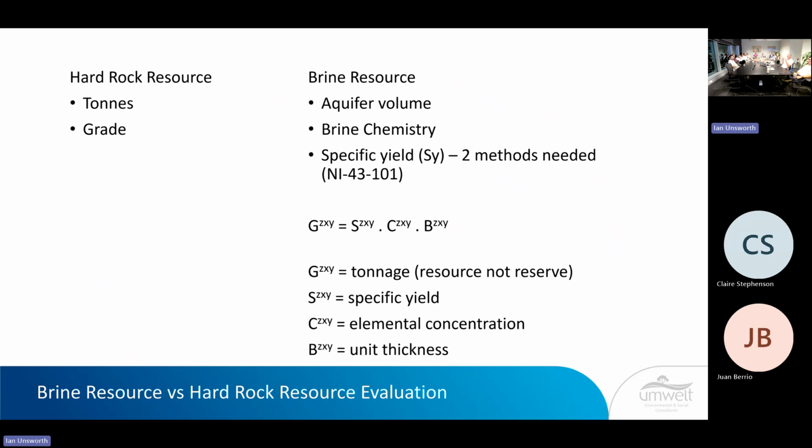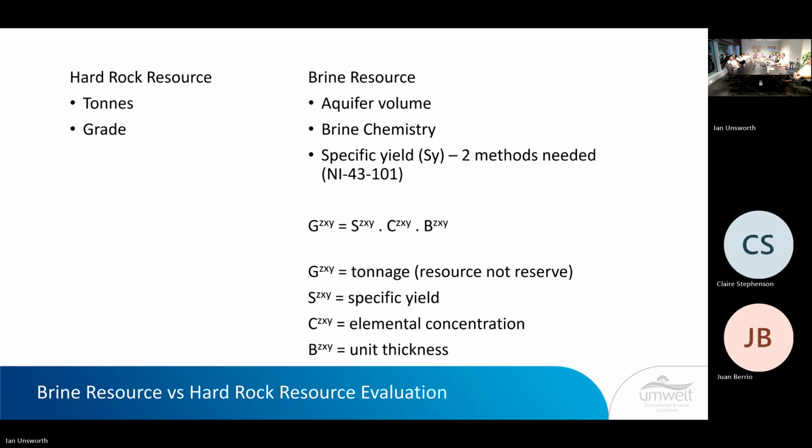So specific yield is the important one. It's a bit more complicated than hard rock, I think, because they're just dealing with tons and grade, though they'll probably refute that. It's just S times C times B, and you come up with a number of how much lithium or potassium or whatever you're looking for.